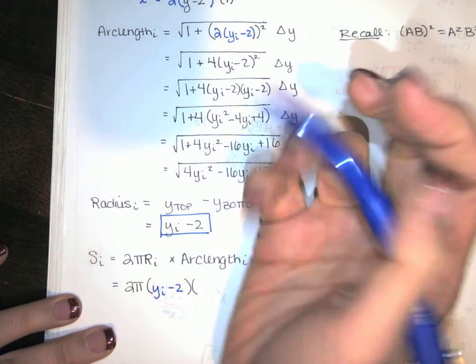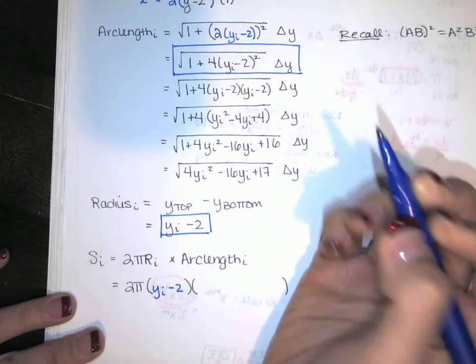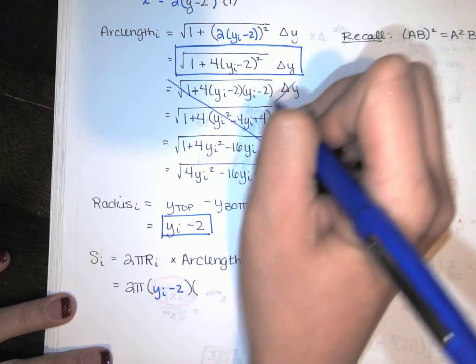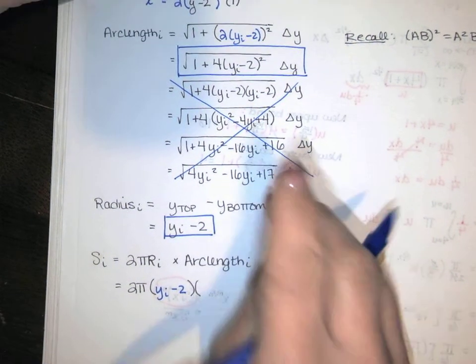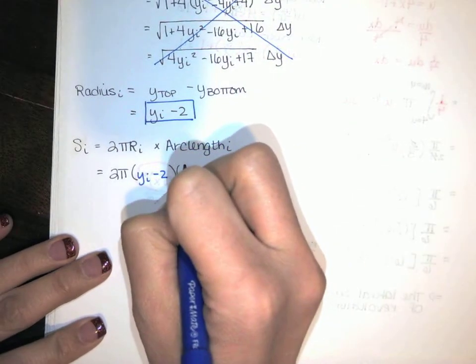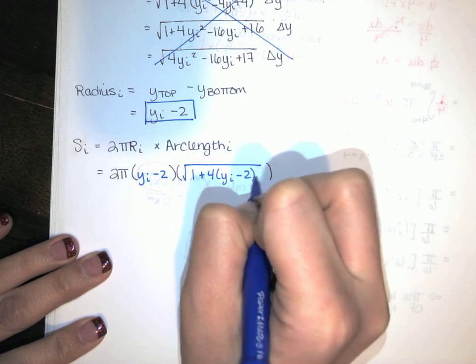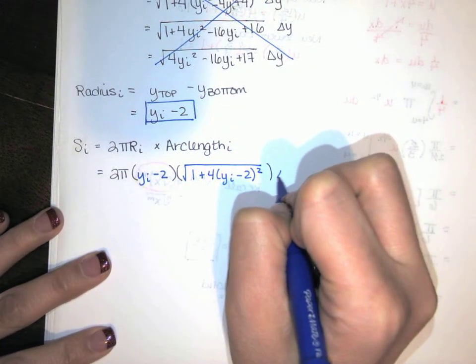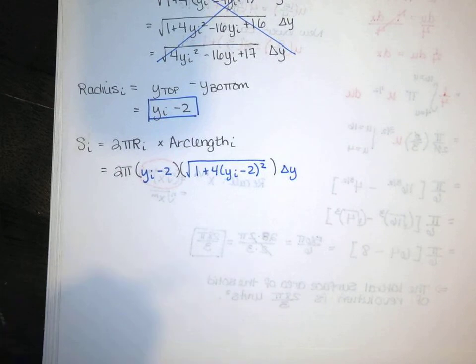And look, this simplified version has a y minus 2 squared inside. I'm sorry, we didn't have to do all that work. It actually made it worse. It's good practice with algebra though. That's okay. So we're going to use this for our arc length. Oh, don't forget your delta y. That's part of the arc length as well. All right.